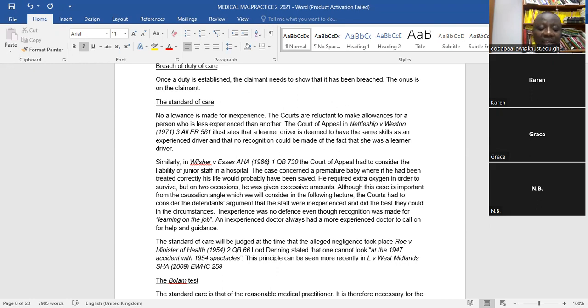And we have a new procedure and all that. So where that is the case, what Lord Denning is saying is that insofar as at the time that the incident happened, it was that procedure which was enforced and not any other.